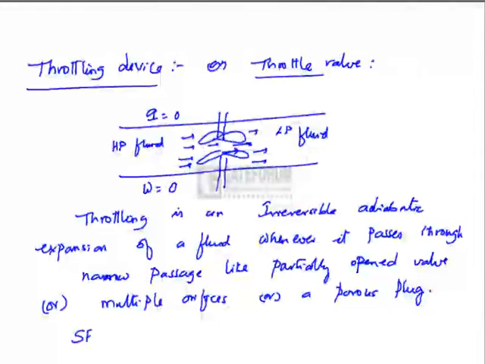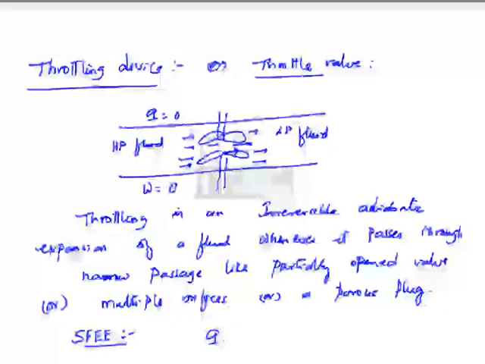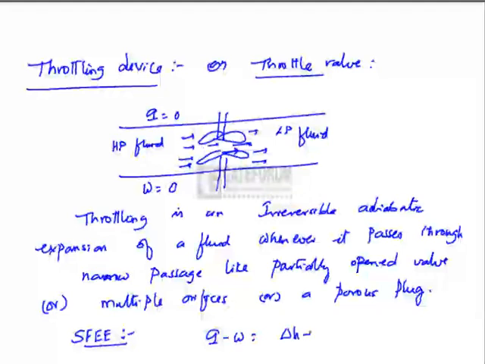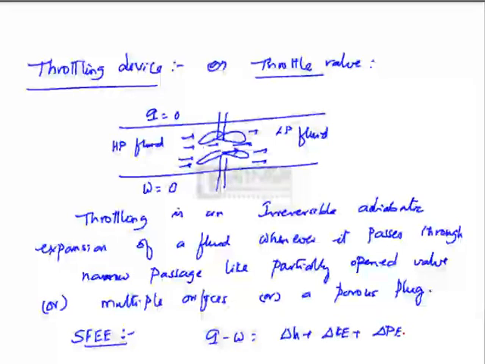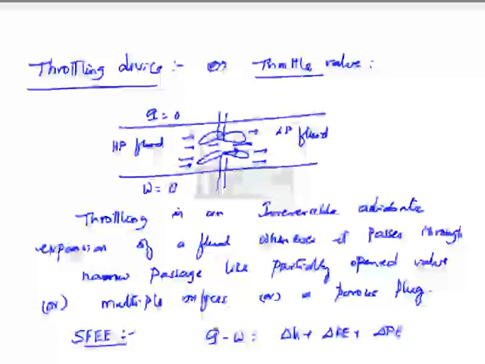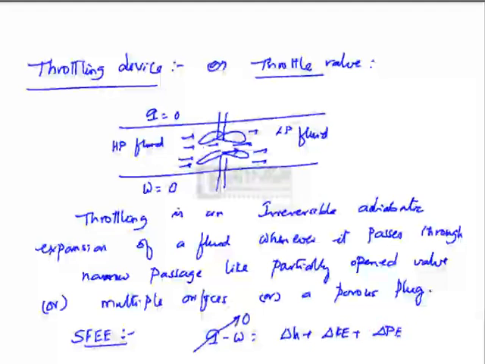Applying steady flow energy equation to this throttling process, Q minus W is equal to delta H plus delta KE plus delta PE. This being an adiabatic process, Q is 0. Since there is no external work done, W is 0. There is no change in potential energy because no change in elevation.